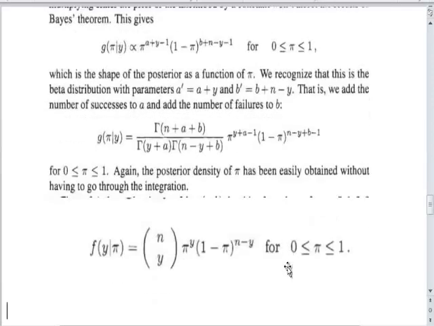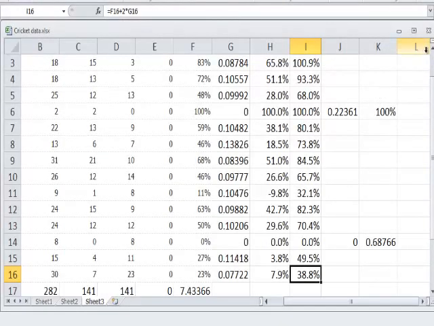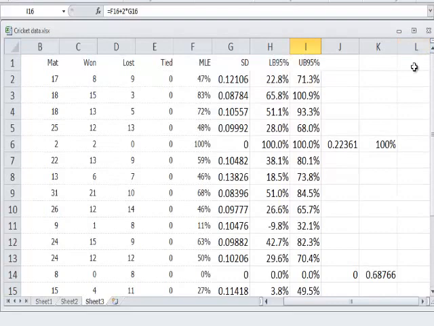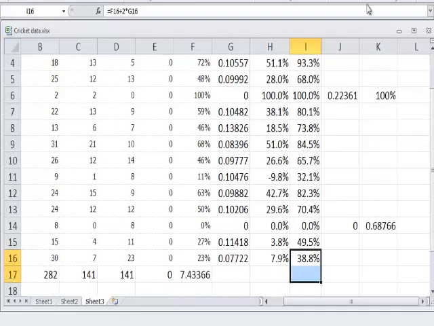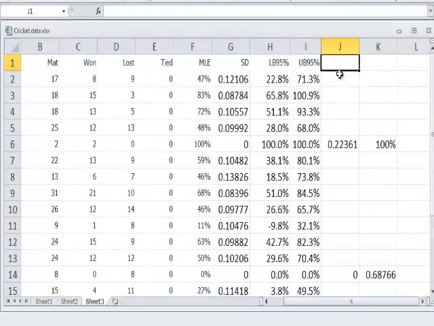Anyway, okay, so now there are two things. Okay, so the Bayesian estimator. Let's now look at the Bayesian estimator. So I'm going to put A and B as 1. This is 1 and this is 1. This is the A and B that I'm going to use. And now the estimator is simply x plus A divided by n plus A plus B. Right? If you remember that.